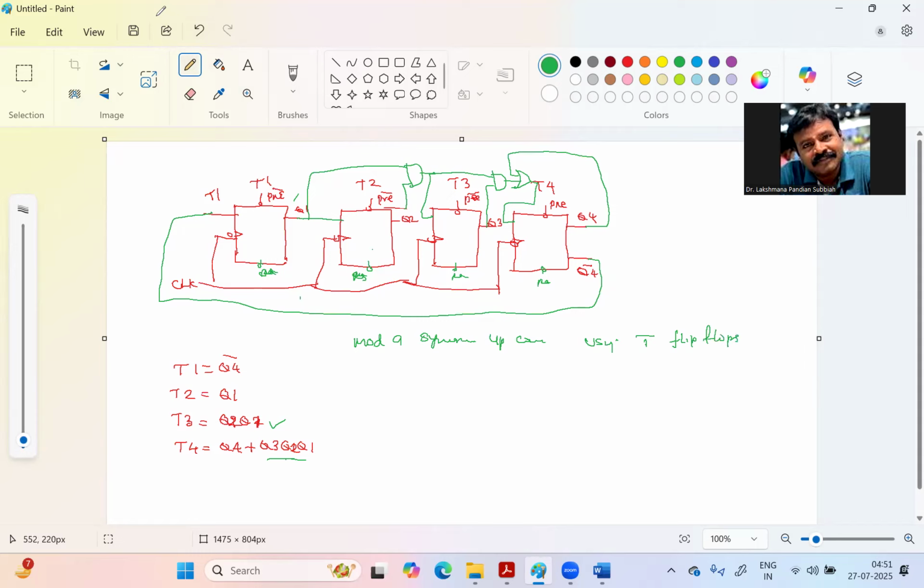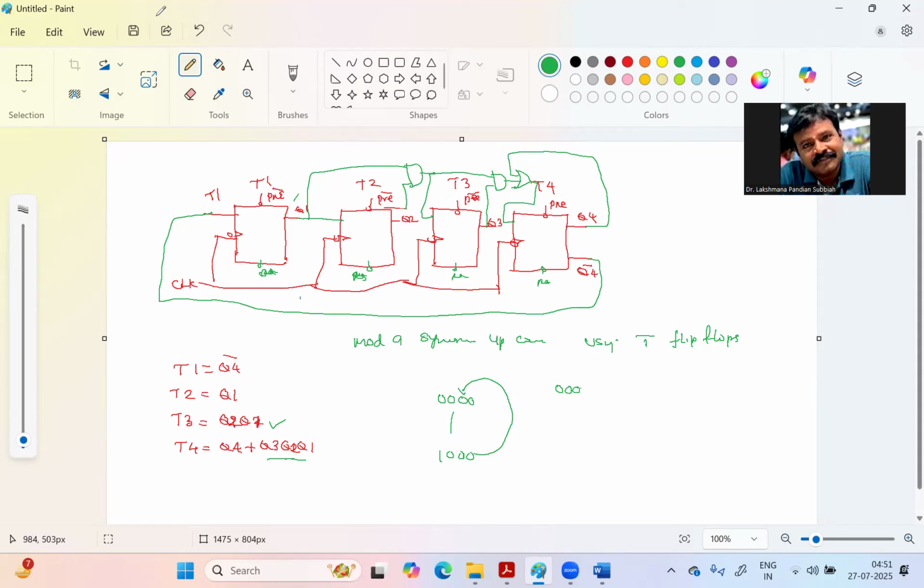So we take 4 T flip-flops, right? Here we are having the T flip-flop, and this flip-flop is going to count from 0000 up to 8, then followed by once again the same series.